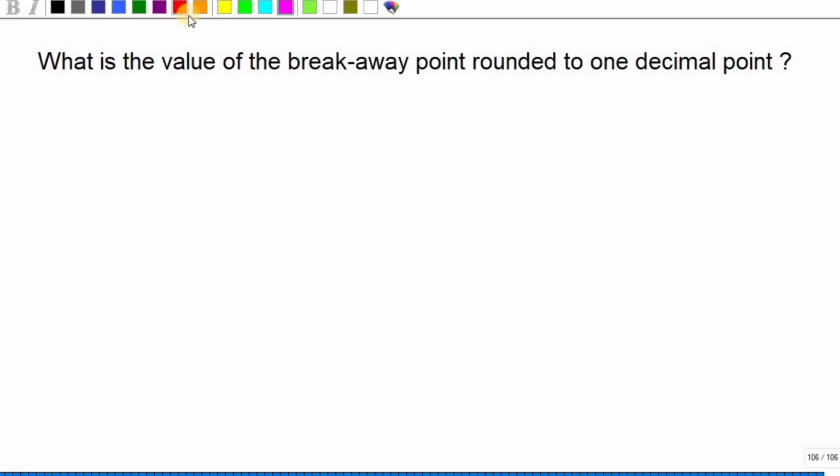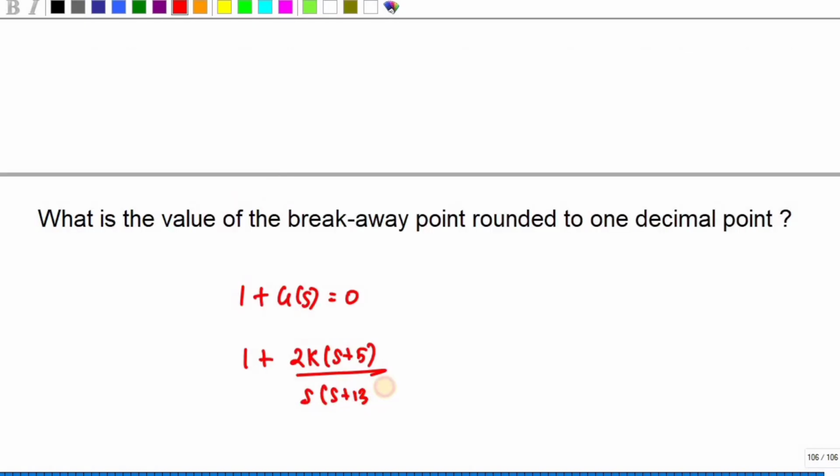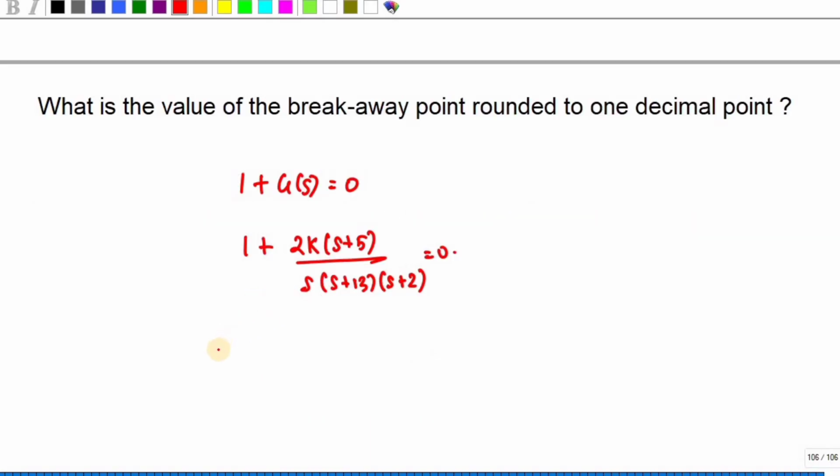What is the value of the breakaway point, to a decimal point? In order to find the breakaway point, I take 1 plus G(s)H(s) equal to 0. Here H(s) is 1 for the unity feedback system. Now I substitute the value of G(s) and equate it to 0.